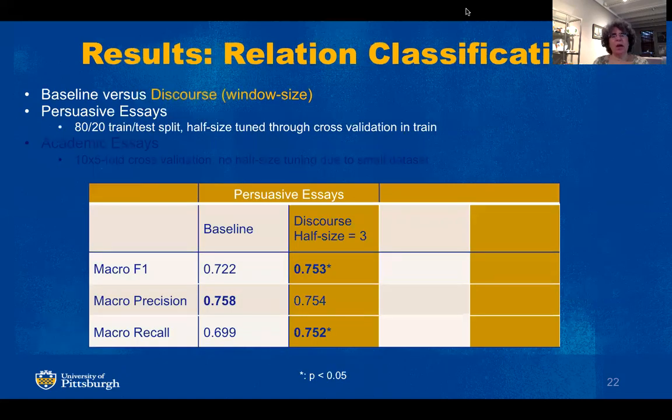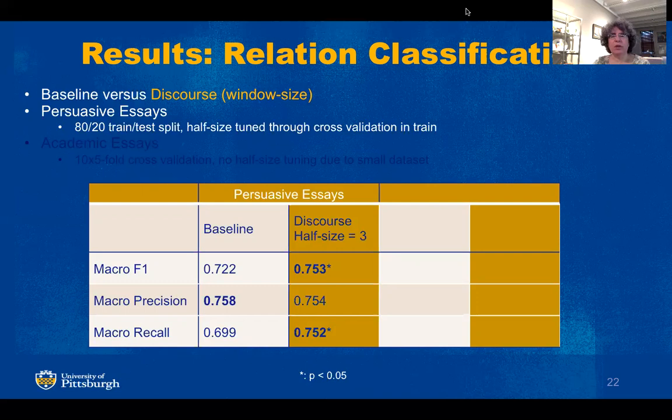So does this help? In our first set of experiments, we look at one of the discourse approaches, the simpler one, and compare the results of argument relation classification with and without the discourse information. And we do this separately in both corpora. For the persuasive essay corpora, our evaluation uses a training testing split that was used in prior publications.